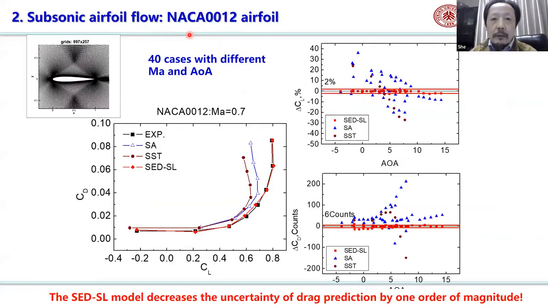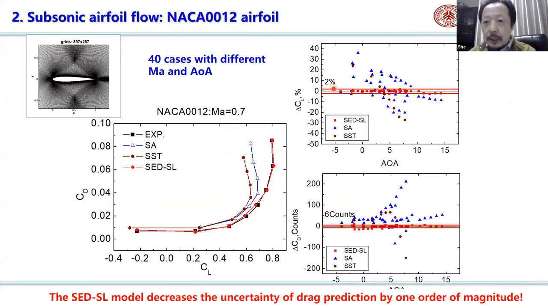Now look at another very famous airfoil flow, which is called NACA 0012. NACA 0012 is a symmetric airfoil, and we have run 40 different cases with different Reynolds number and different angle of attack.